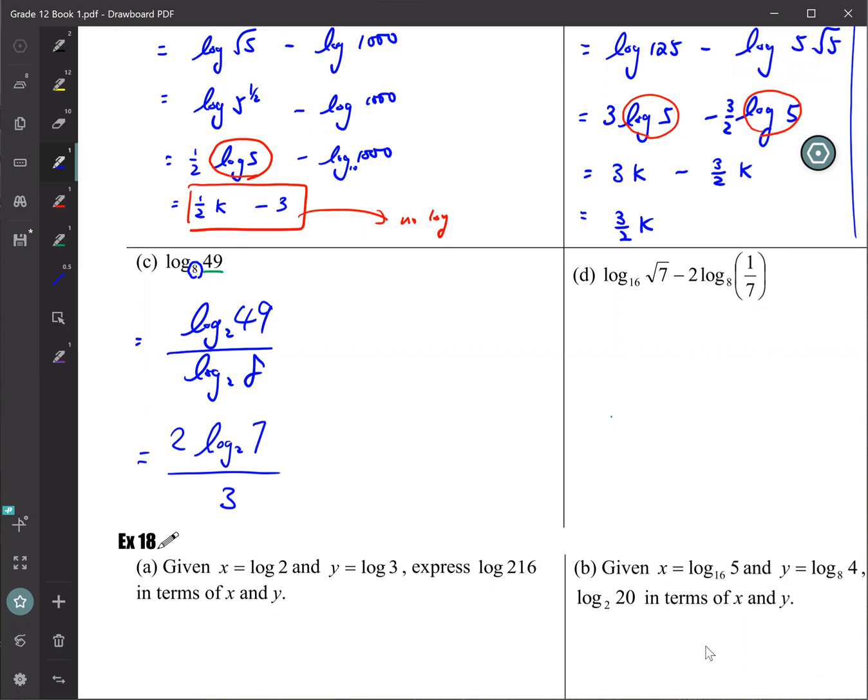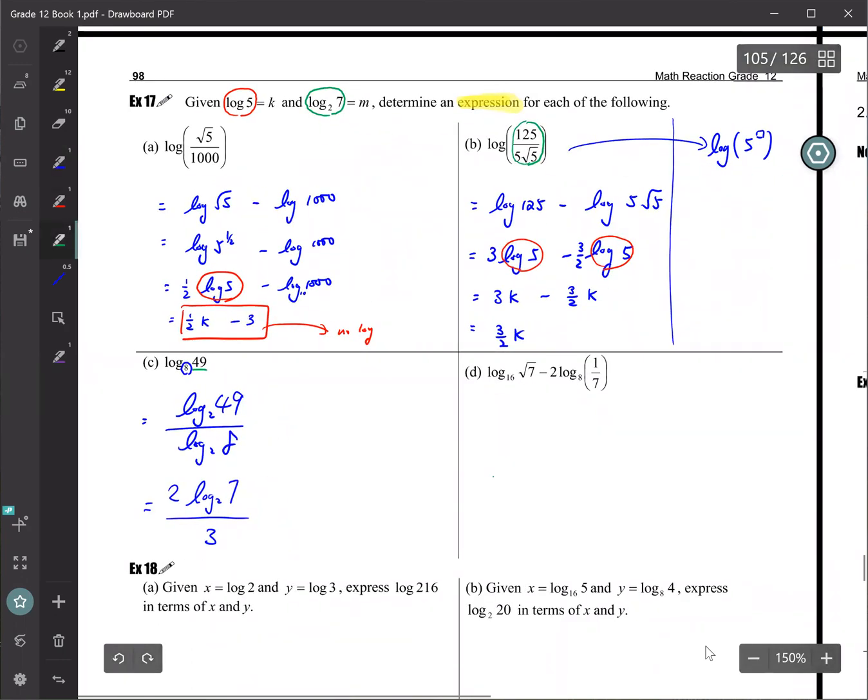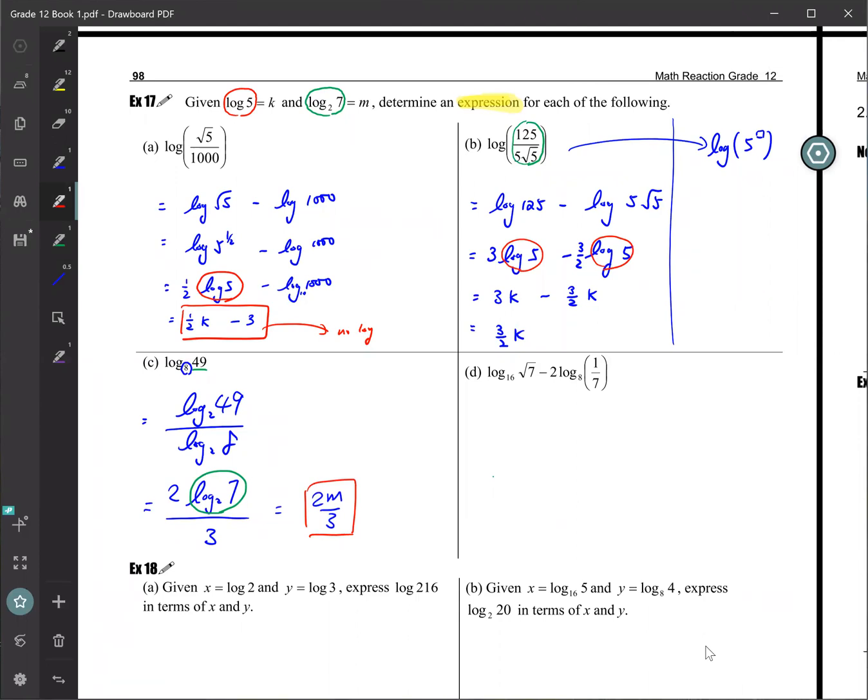So rule number 3 can bring down the exponent. So now you would have the log base 2 of 7, the green circle. You can replace it with m. So it'd be 2m over 3. That's your final answer, right? That's an expression. Similar, I'll let you try question D.